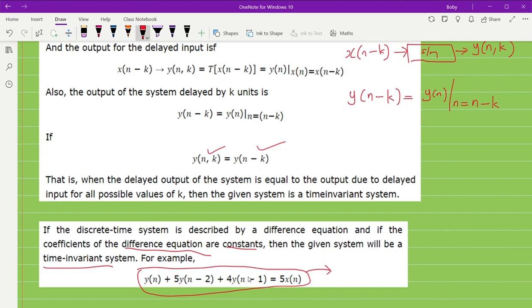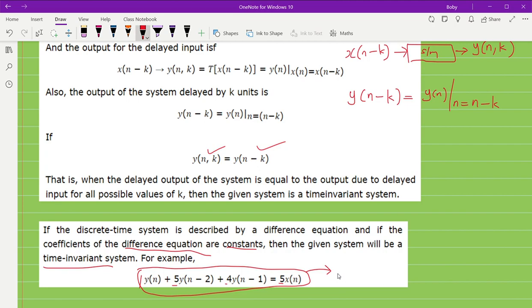Here the coefficient of y of n is 1, of y of n minus 2 is 5, of y of n minus 1 is 4, and of x of n is 5. So all the coefficients here are constants, and the system is time invariant.